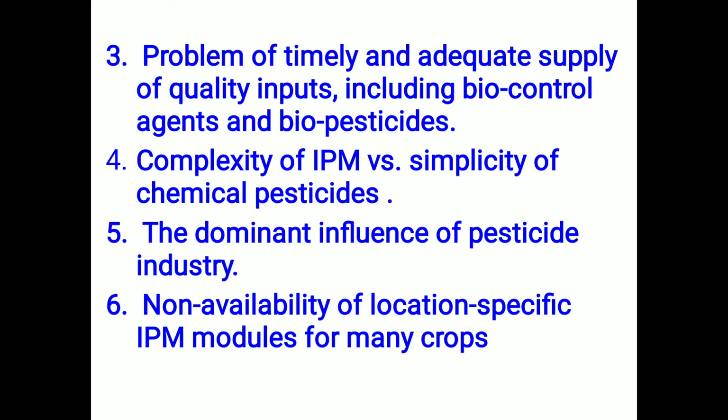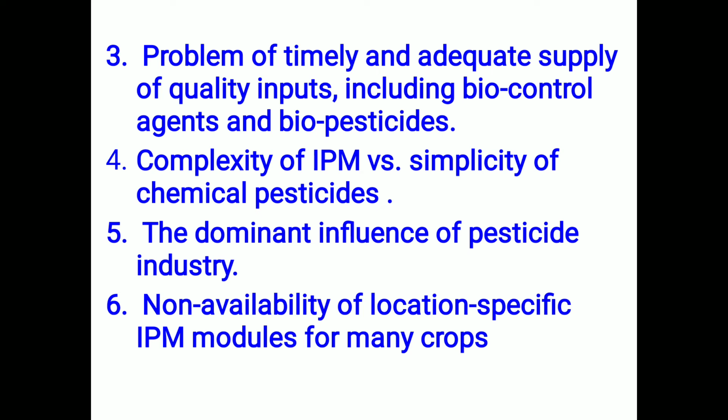The next obstacle is the complexity of IPM versus the simplicity of chemical pesticides. As we know, once we identify the pest, if we apply the suitable or appropriate chemical to kill that particular pest, a quick result is obtained within a few days.